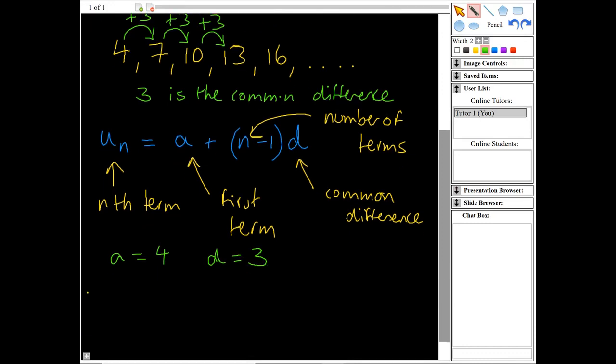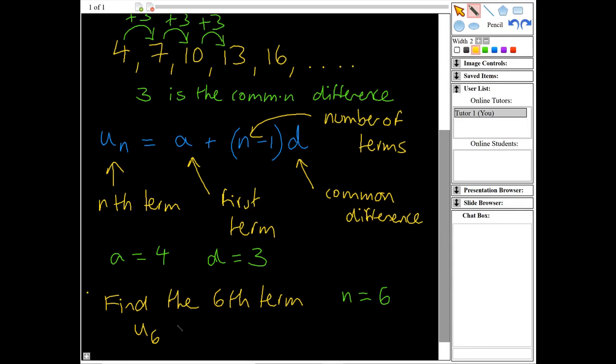Now, if I want to find the 6th term, then I would need to work out U6. Because I'm working out the 6th term, n would equal 6.